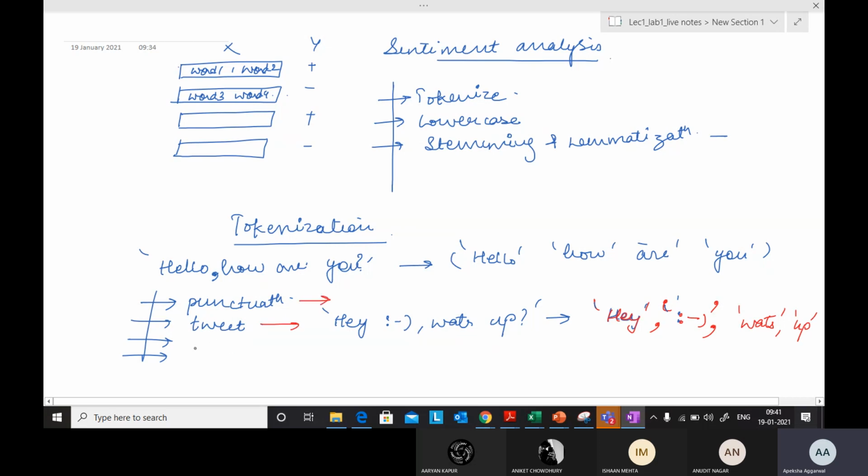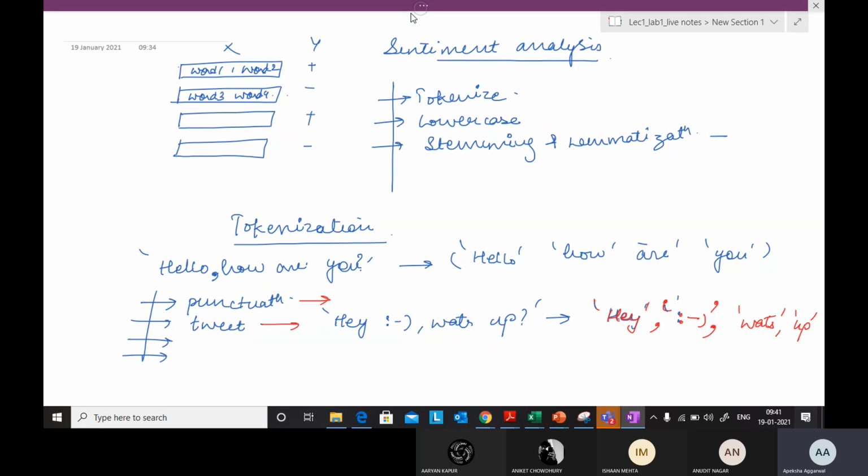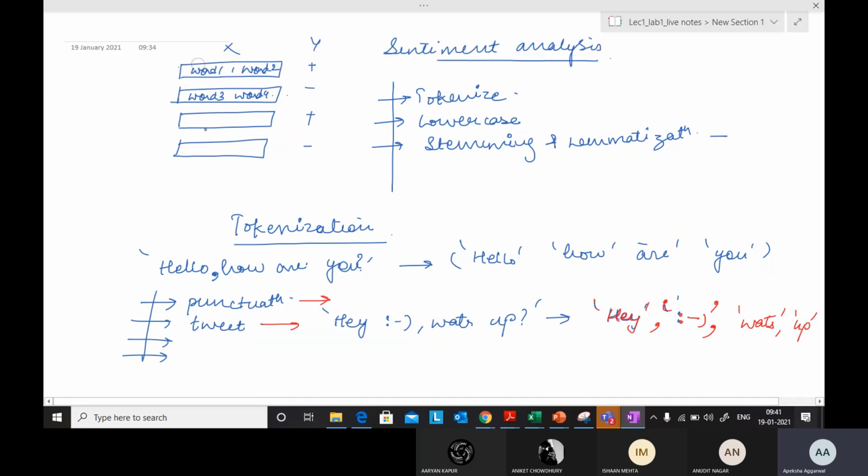Similarly, the third tokenizer is the white space tokenizer, which only removes the extra spaces. If there are many spaces in between, it will remove such things, but it will not remove punctuation marks.